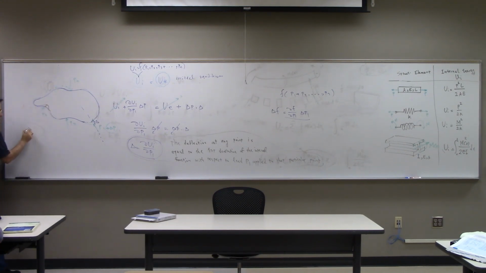So what would be delta at this point B? Partial UI, partial P3. So if you take the derivative with respect to any particular force, you get the deflection along the line of action of that force. Look, this deflection is not in X and Y, it's along the line of action of that particular force. Right?